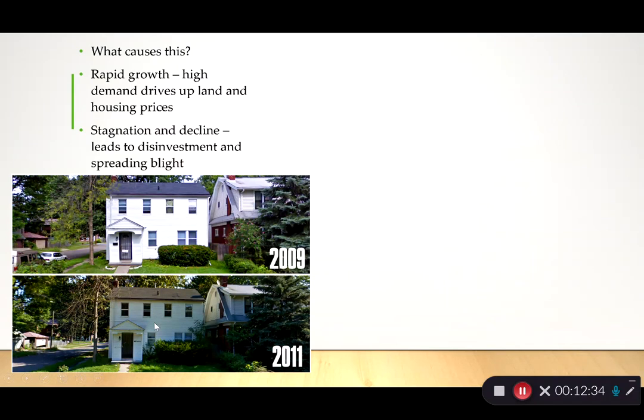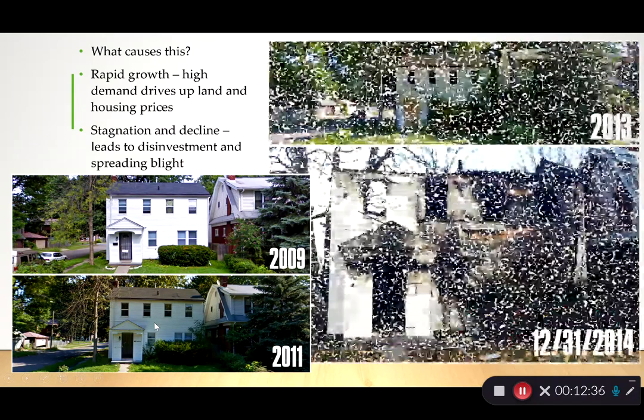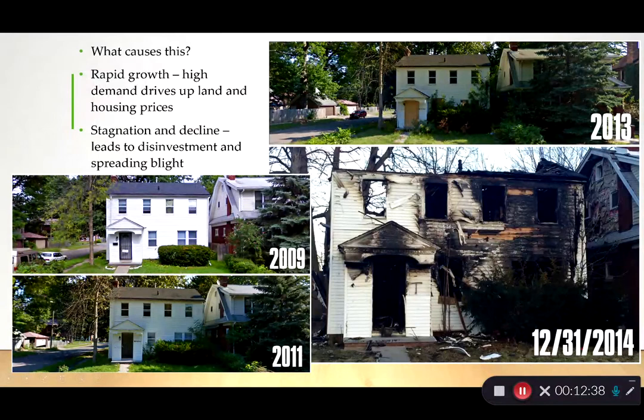The paint's starting to fade. It's not looking so hot. By 2013, clear signs of decay. The doors boarded up. The landscaping's taking over. Very much beginning to be a blight on the neighborhood. And 2014, you see it burn down.